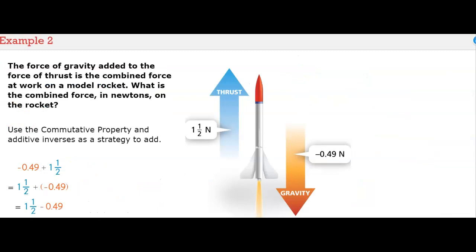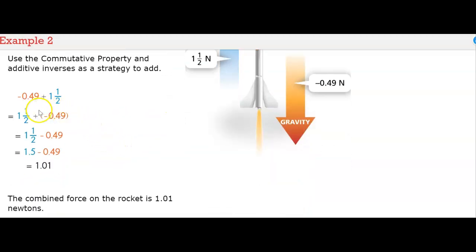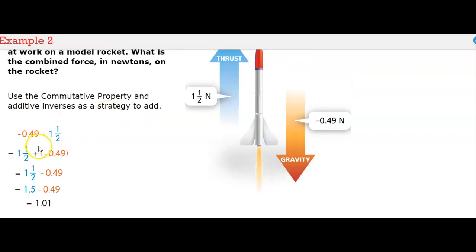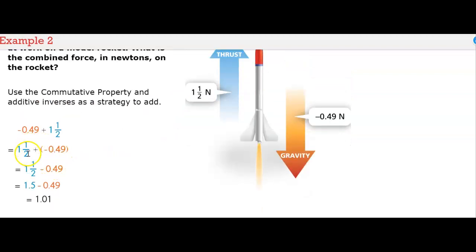The force of gravity added to the force of thrust is the combined force at work on a model rocket. What is the combined force in newtons on the rocket? Use the commutative property and additive inverses as a strategy to add. So they're showing us here -49 hundredths newtons plus 1.5, and that turns the addition into subtraction, so you have 1.5 minus 0.49.